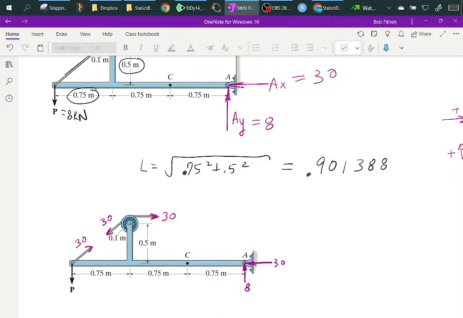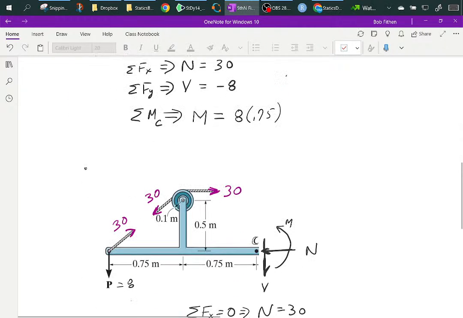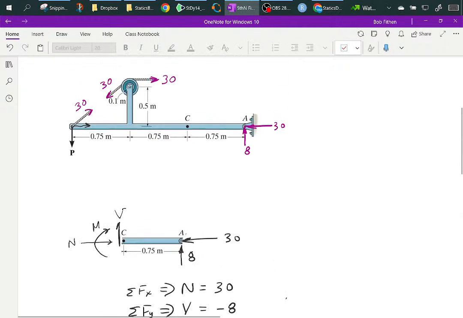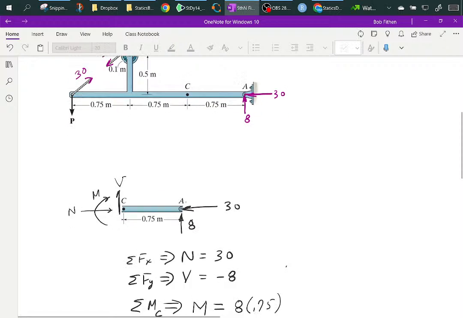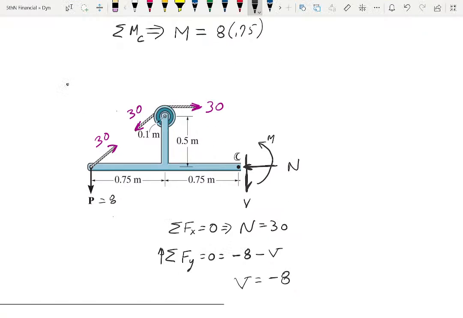So now I've got to break this thing apart here.